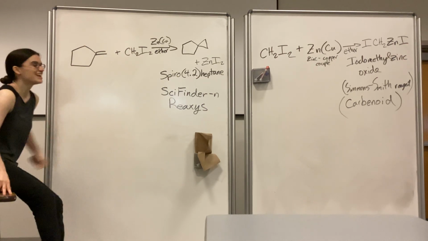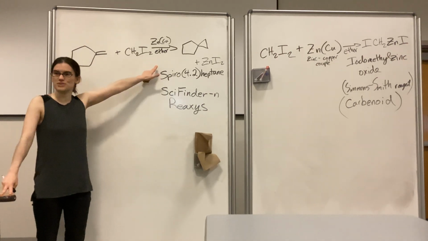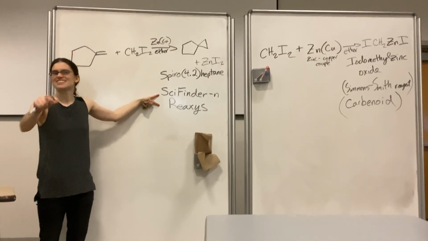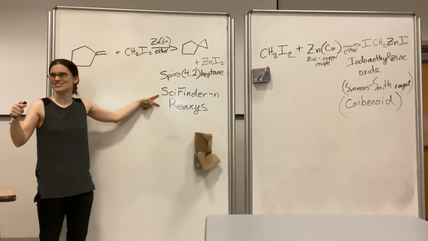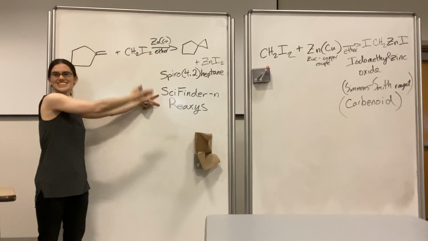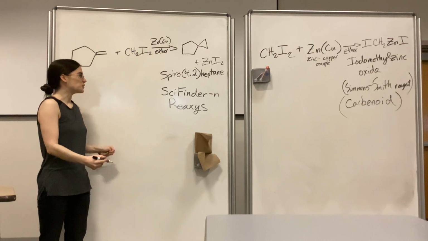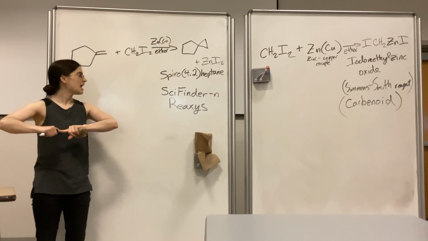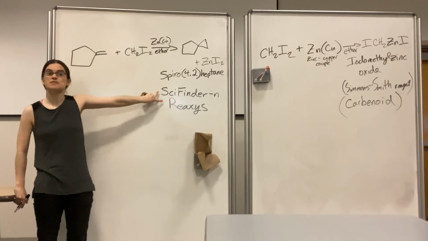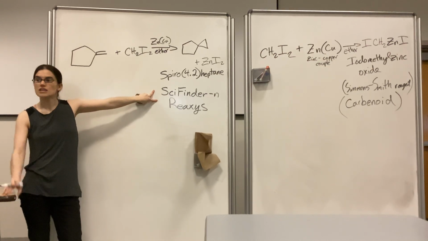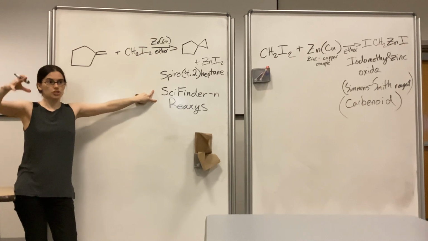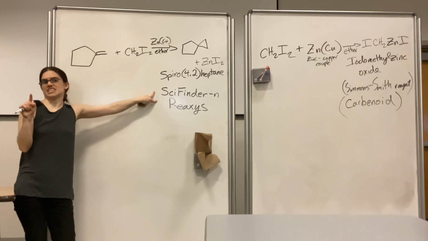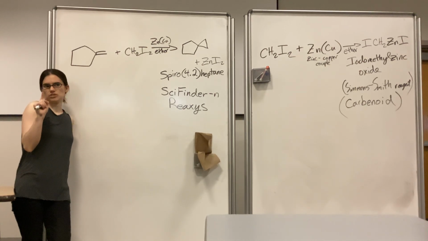Anyway, naming is really nice until it gets to a certain point, and then you can go to these and just draw your compound and search it. So, if you're ever looking to make something later in your life, like plan a synthesis, you can use these. In fact, both of these have a retrosynthesis planner, so you can draw out the molecule you want and then say, hey, how would you synthesize this if you were going to?